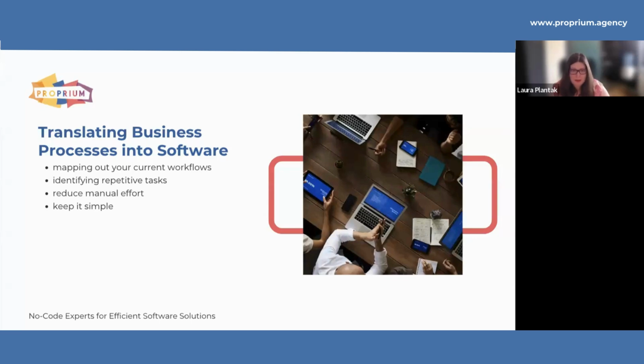As you map out your workflows and focus on those repetitive tasks, then you can also see, other than just what can be delegated and automated, what can be even grouped. So after you have that information, then you can start thinking about what kind of software I might need in order to get to the point where everything that was on that piece of paper is now translated digitally.